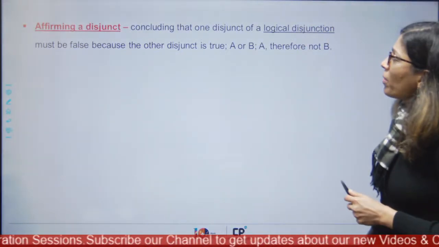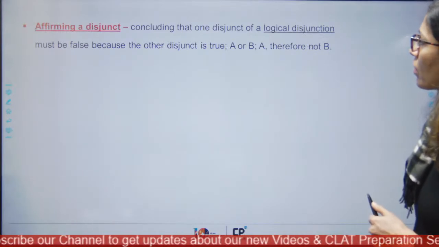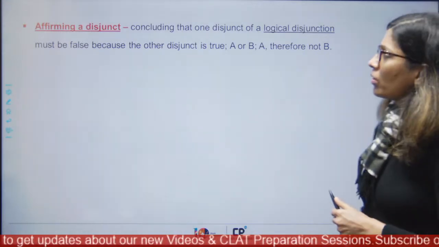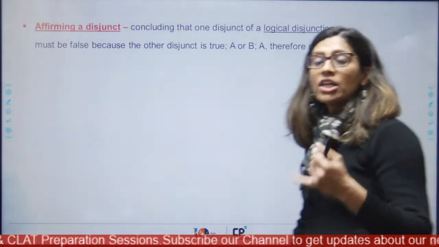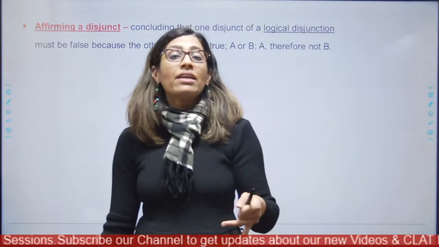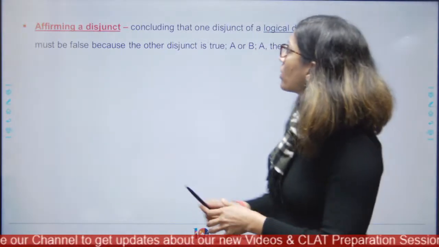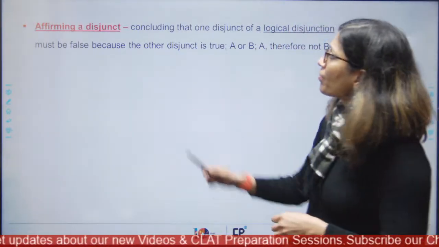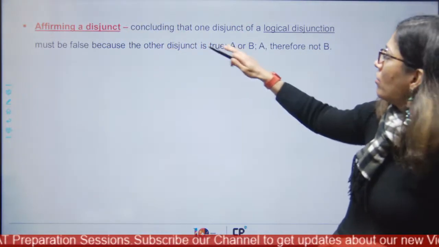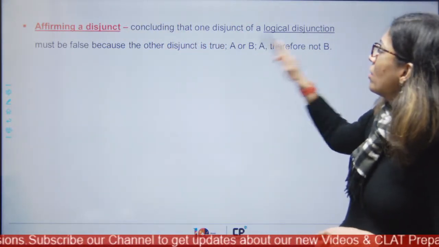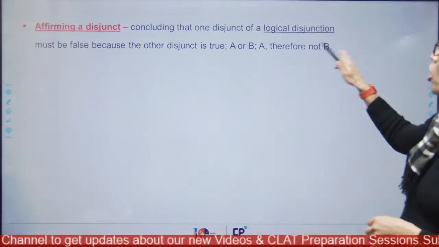Then we have the formal fallacies. These formal fallacies you must have done in conditional logic and in deductive logic. Affirming a disjunct. So don't worry about the name. When we say either A or B, I hope you understand that A therefore not B is incorrect.